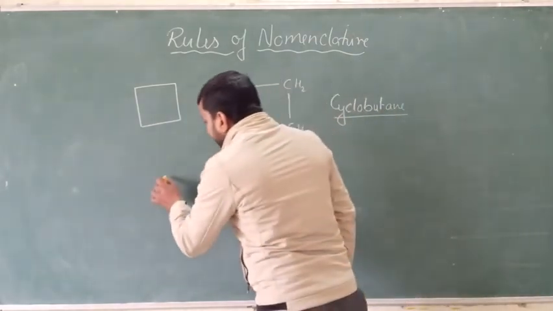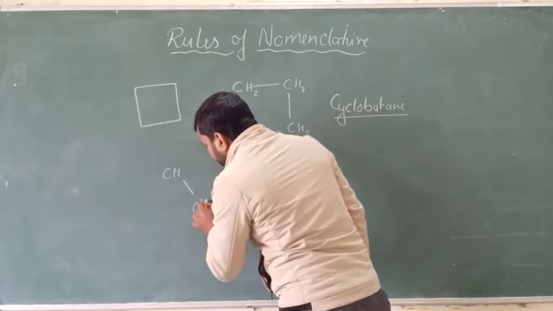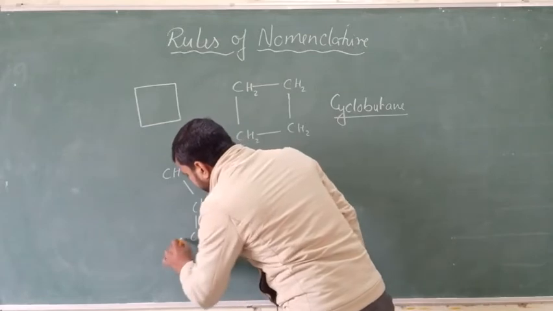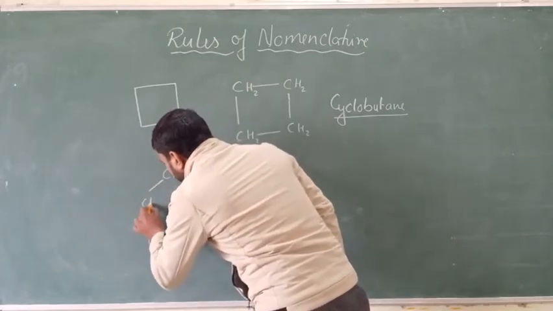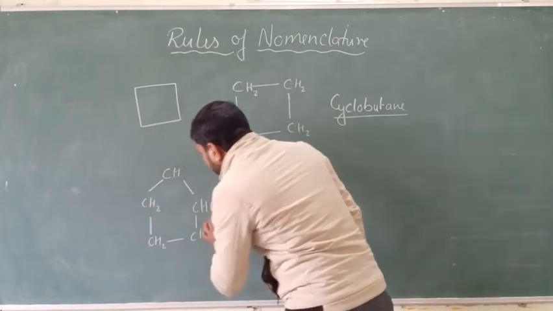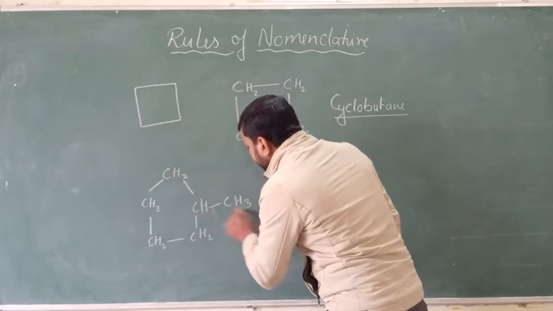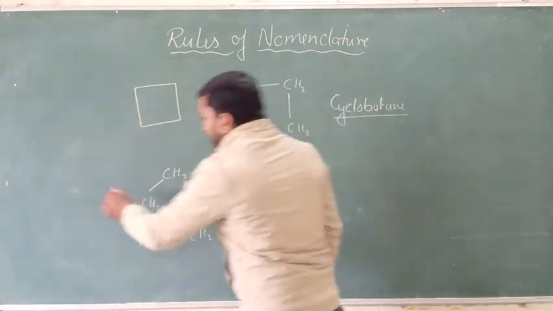Suppose we are having CH2, CH2, CH2, CH2, CH3. Suppose we are having a structure like this, we can draw it like this.